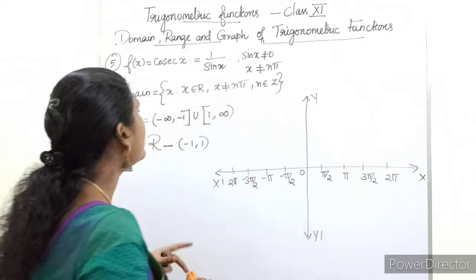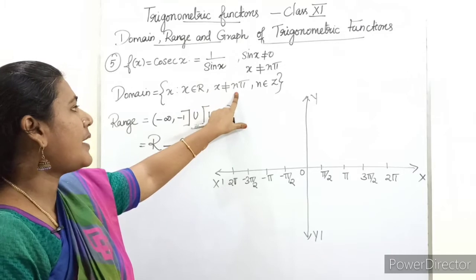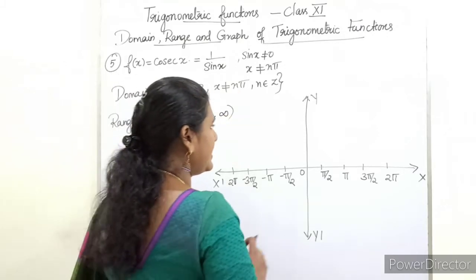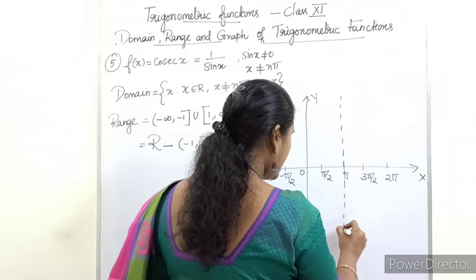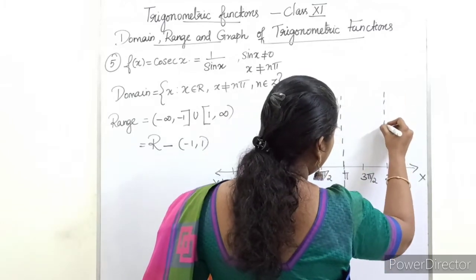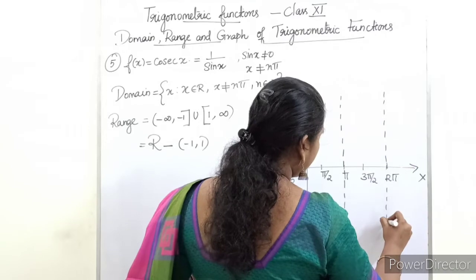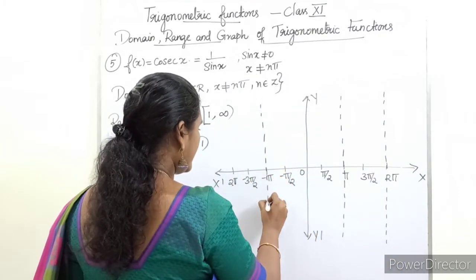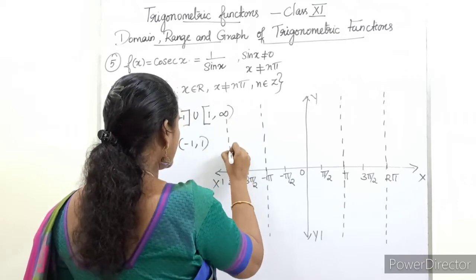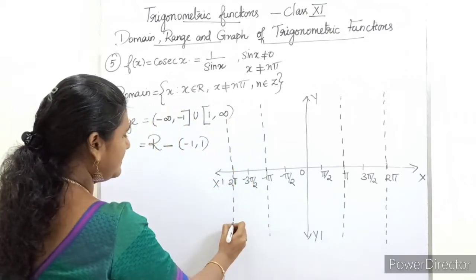Now you see here for integral multiple of pi, the function is not defined. That is at angle pi and 2 pi, and here minus pi and minus 2 pi, the function is not defined.